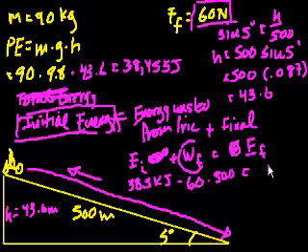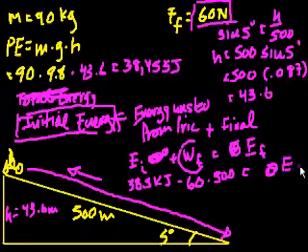And this is going to equal the final energy, right? And 60 times 500, that's 30,000, right? So let's subtract 30,000 from 38,500.